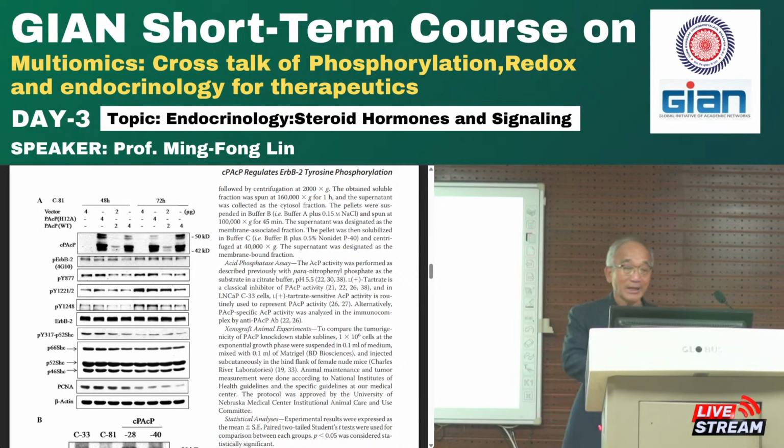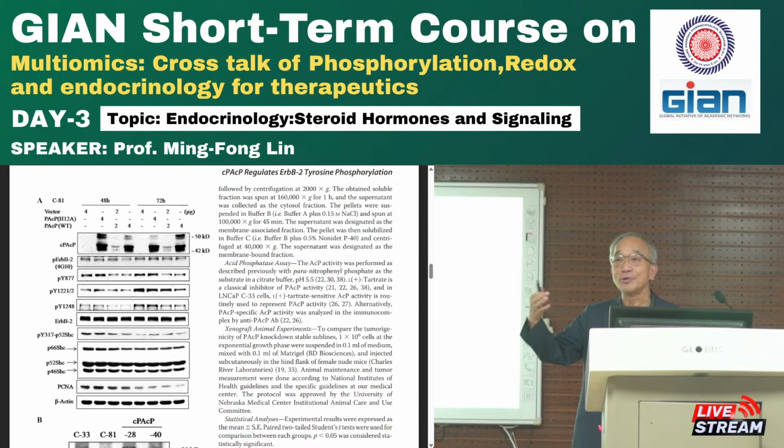Okay, so that's how we determine it. And then, if they interact, can they alter the downstream signal? So Shc is downstream of ERB2, and PCNA reflects cell growth. We can see this dephosphorylation alters and regulates the downstream molecular signal.